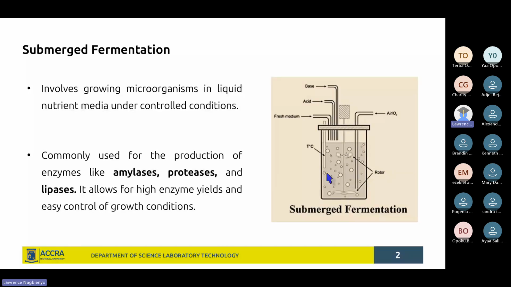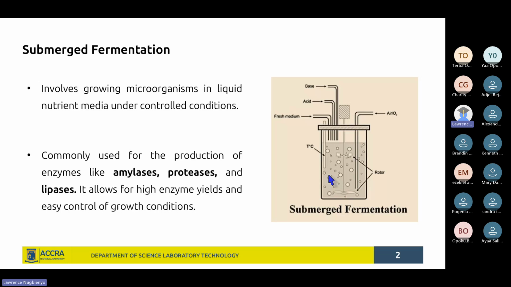Because they will be growing in the media, and once they grow, they will be producing enzymes, and those enzymes are proteins which can then be harvested and purified, and then used in a particular industry, maybe in the food industry, or we even saw the use of it in the textile industry, the beverage industry, and the detergent industry.